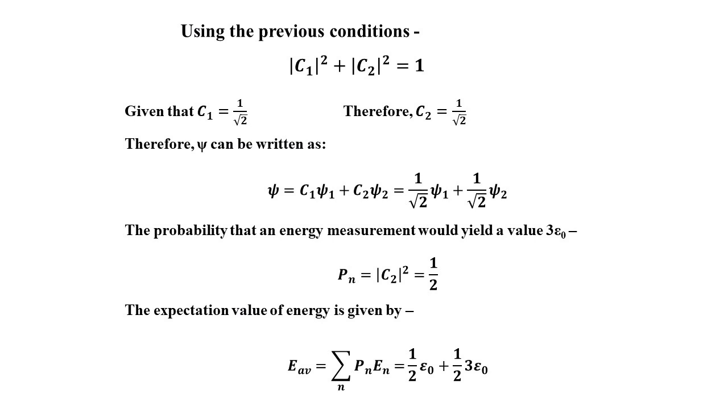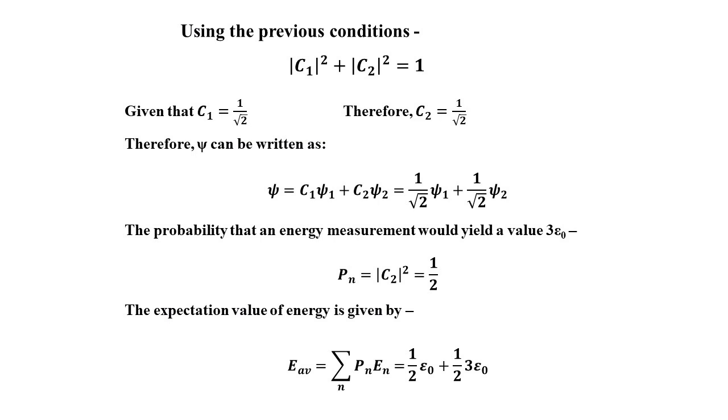Therefore, the probability that an energy measurement would yield a value 3 epsilon naught, that is, the particle in the second state, psi 2, can be easily written as P of that state equals mod C2 squared, which is 1 by root 2 squared, that is half. So half is the probability that an energy measurement would yield a value 3 epsilon naught.